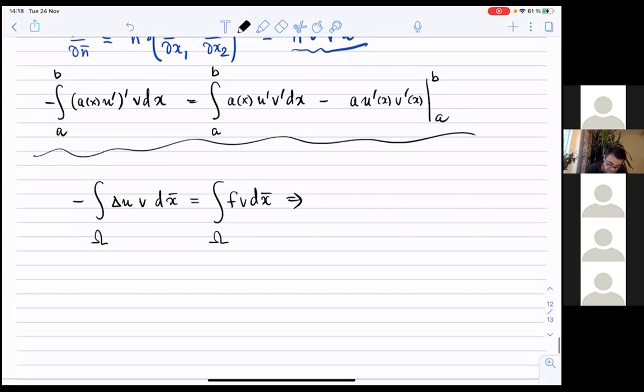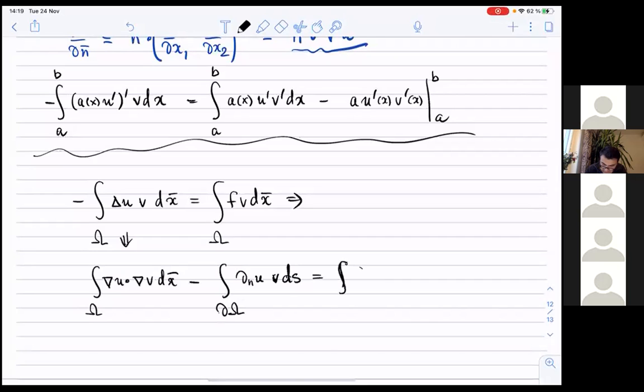After using Green's theorem, we see that the first part becomes the integral of grad u times grad v dx over omega, minus a boundary term, the integral of du/dn times v ds over the boundary of omega, equal to the integral of f v dx in omega.